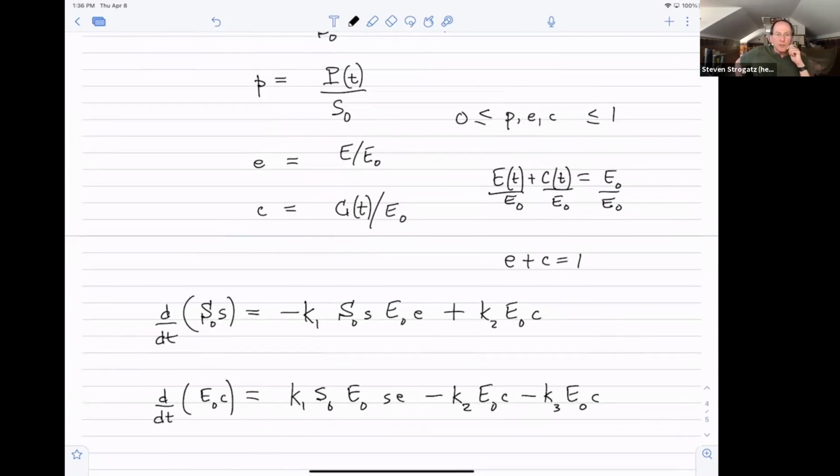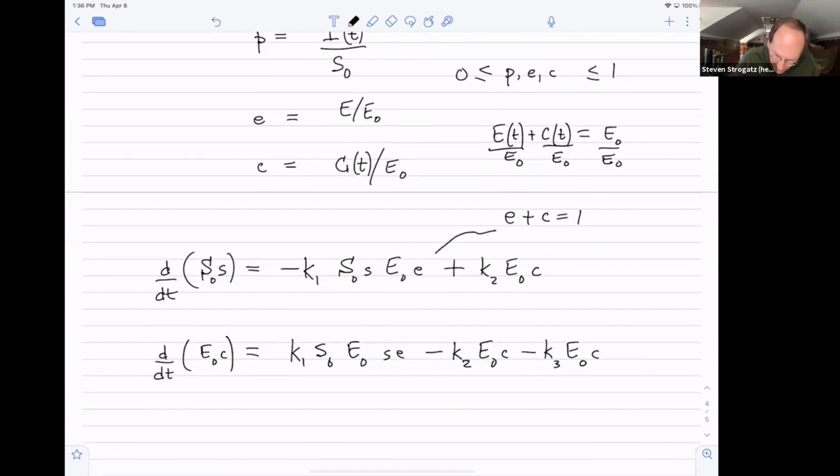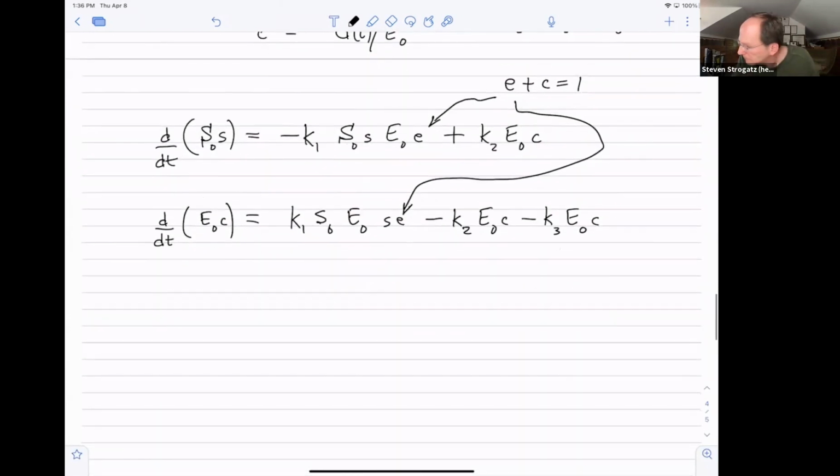So I can eliminate little e in places like this and that. The reason I'm doing that is I see that if I do that, I have a two-dimensional system for just S and C. They determine their own evolution. So that's nice.